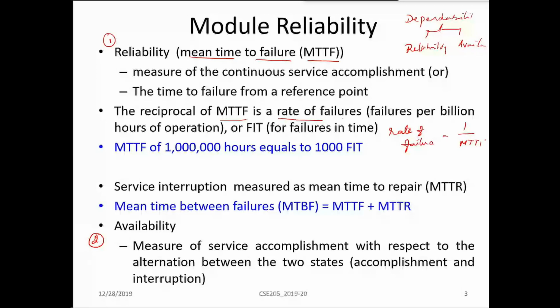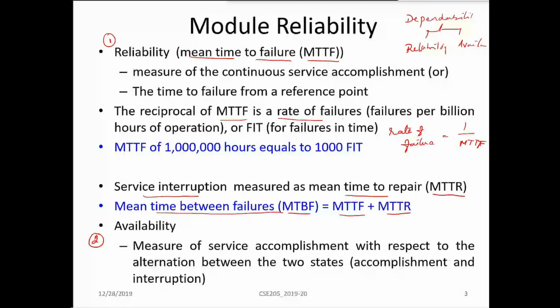If you have a service interruption, that is referred to as mean time to repair, MTTR, because we have a service failure, so we need to go for a repair. Mean time between failures, MTBF, is calculated as mean time to failure plus mean time to repair. When it has started failing and it is repaired, that time will be your mean time between failures.